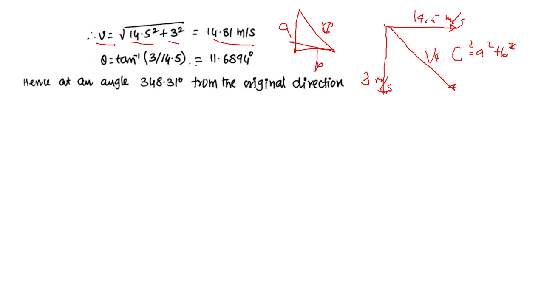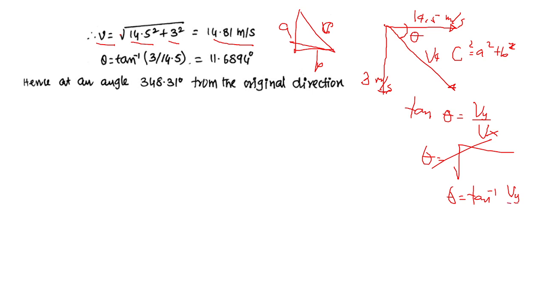Now how about our theta? Tangent theta is opposite over adjacent, which is Vy over Vx. So theta is the inverse tangent of Vy over Vx.